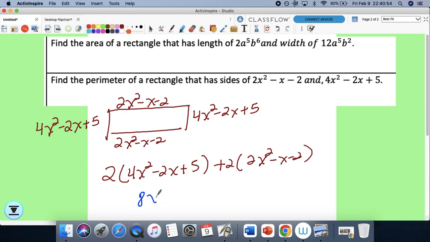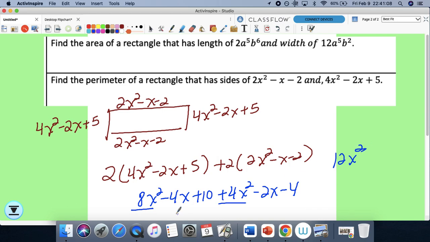So you get 8x squared minus 4x plus 10 plus 4x squared minus 2x minus 4. And then combine the terms, you get 12x squared, negative 4 and negative 2 is negative 6x, and 10 minus 4 is plus 6. I think we got the same answer. So you pick whichever way you want to do. Okay?